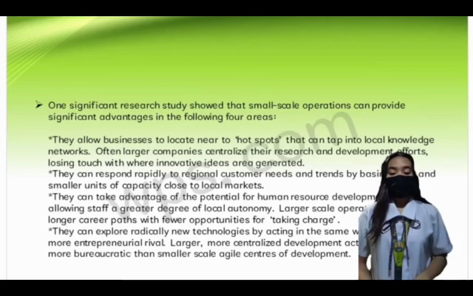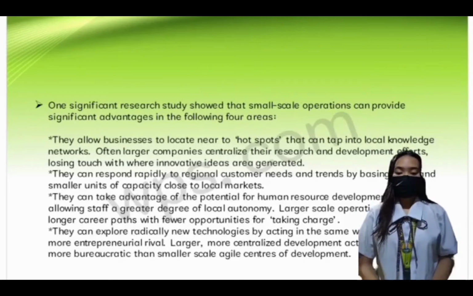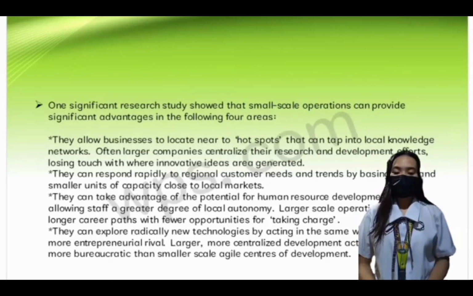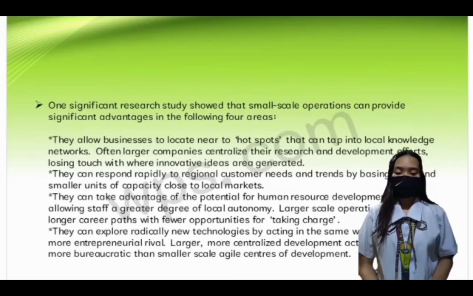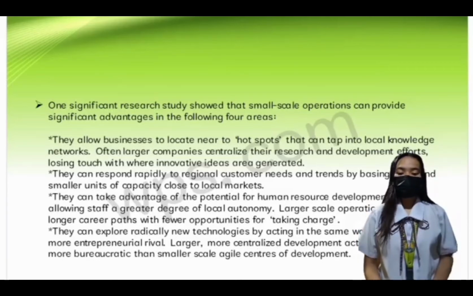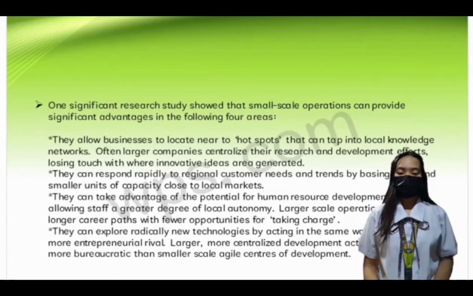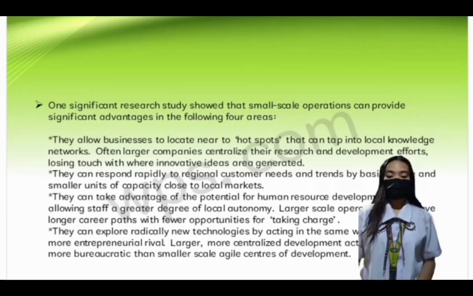Number 3, they can take advantage of the potential of human resource development by allowing staff a greater degree of local autonomy. Larger scale operations often have longer career paths with fewer opportunities for taking charge.